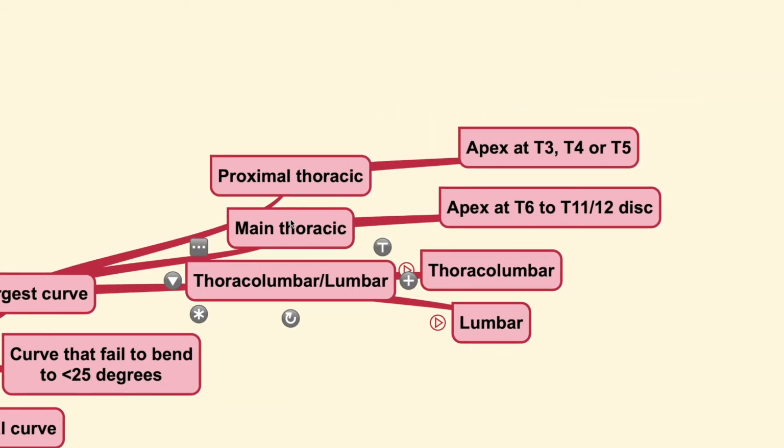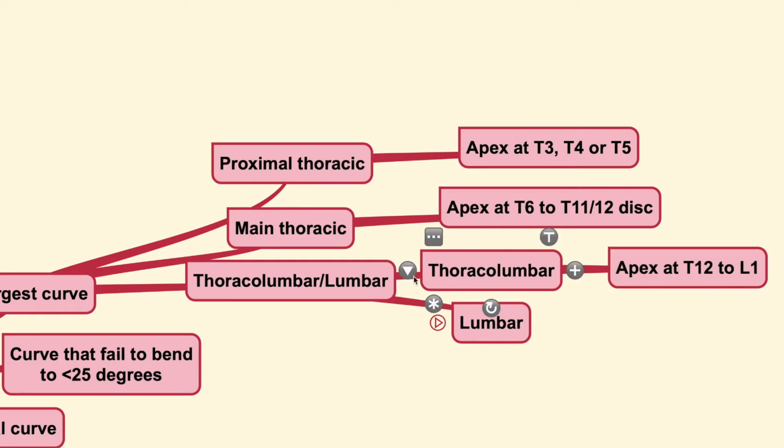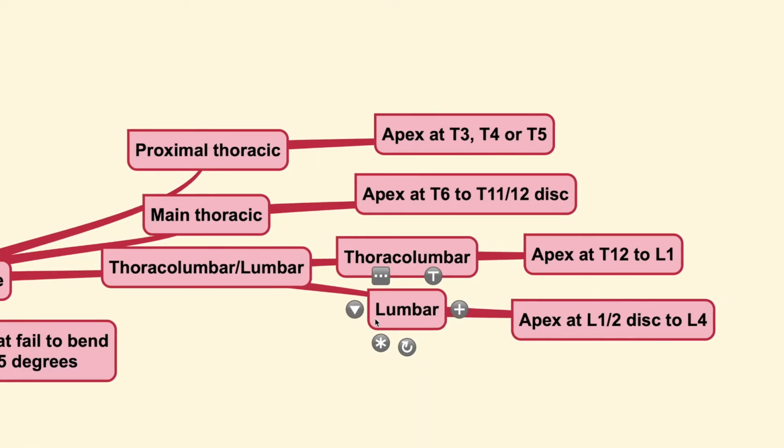If the curve has an apex that is located at T3, 4, or 5, you call it a proximal thoracic curve. If the apex is over at the T6 to the T11 or 12 disc, you call it a main thoracic curve. If the apex is over at the thoracolumbar region, the apex should be around T12 to L1, and if the apex is over at the L1 to L4 disc, we call it a lumbar curve.